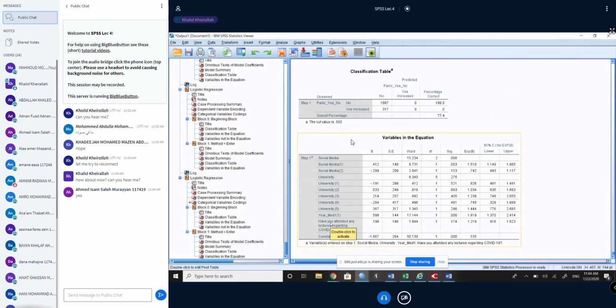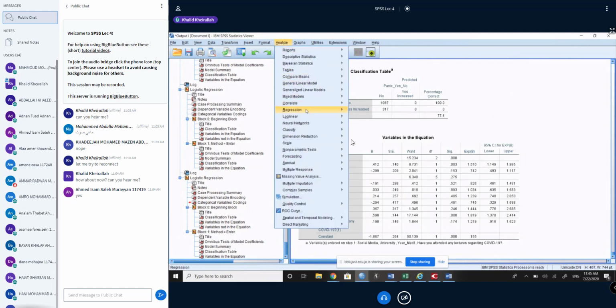So this example gave us the odds ratios, the adjusted odds ratios using logistic regression analysis, okay? If there's any variable you are interested in assessing, we can look into that.